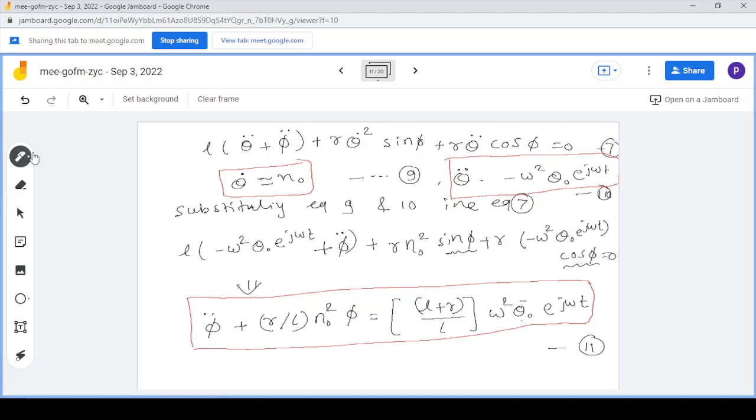From this we obtained this expression by rearranging the terms and eliminating sin phi and cos phi.